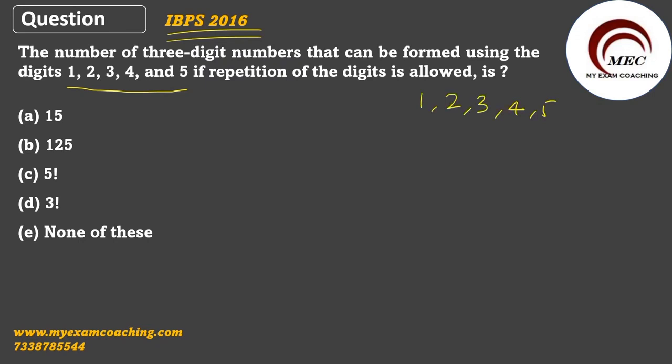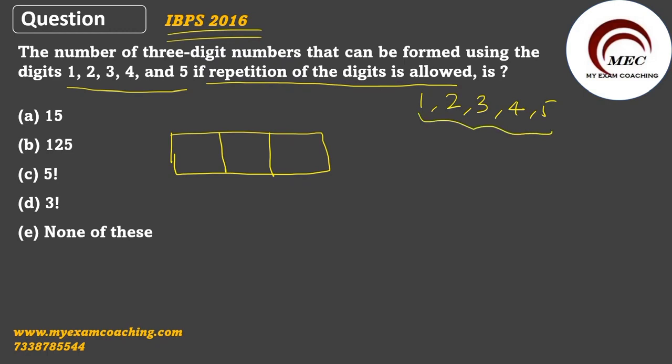Now we want to make a 3-digit number. So let me write the 3-digit number in these columns. If repetition of the digits is allowed, that means if I take any of these digits 1, 2, 3, 4, 5 in the first column, how many different ways can I arrange it?